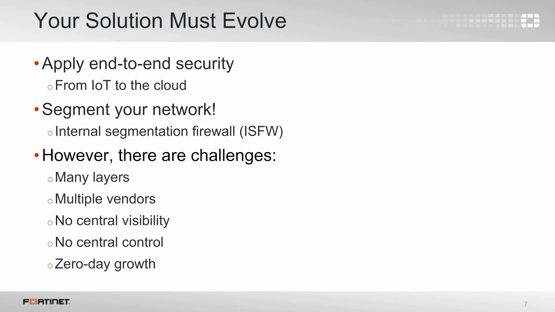However, there are challenges to implementing these measures. You need to implement multiple layers of security from the endpoints, through the protected services, through the network entry points, and up to the cloud. This usually implies the use of multiple vendors, which means no central management and no central visibility over what is happening in the network.